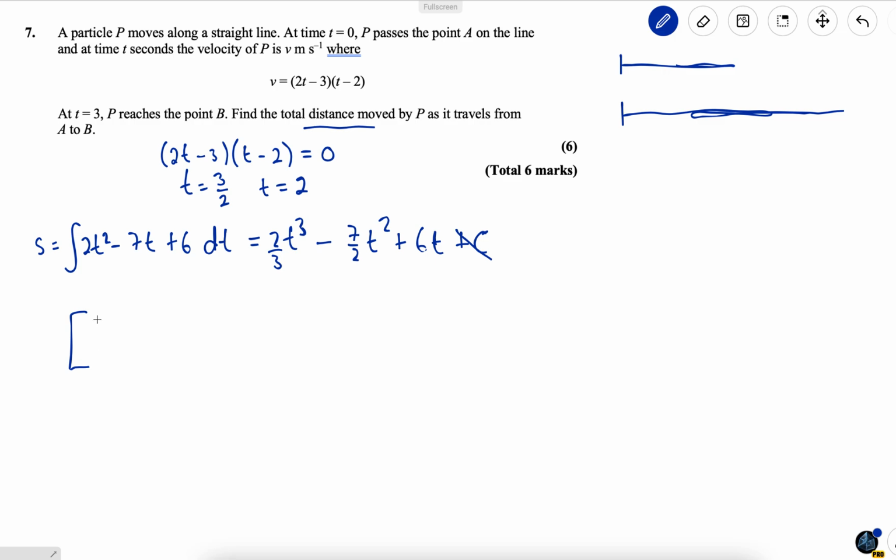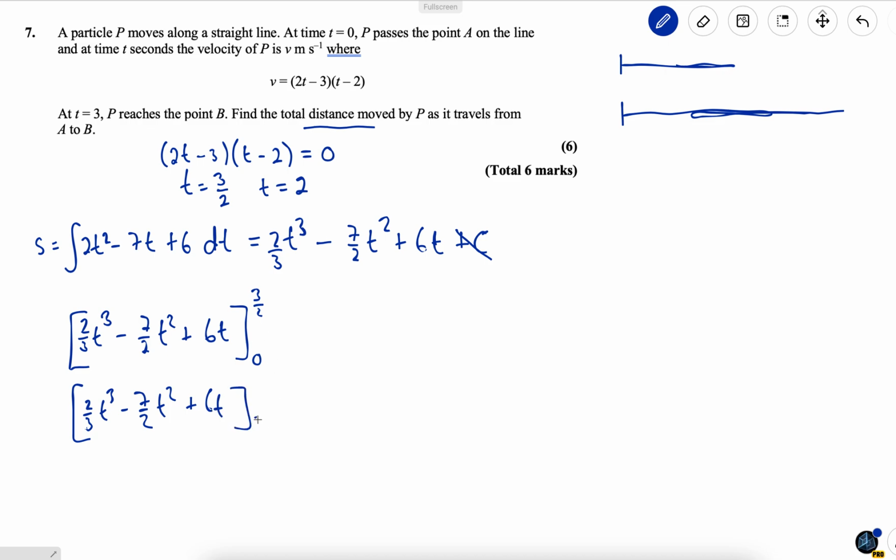So I've got 2/3 t cubed minus 7/2 t squared plus 6t, first between the limits of 0 and 3/2, and then the same again between 3/2 and 2 seconds, and then the same again between 2 and 3 seconds.